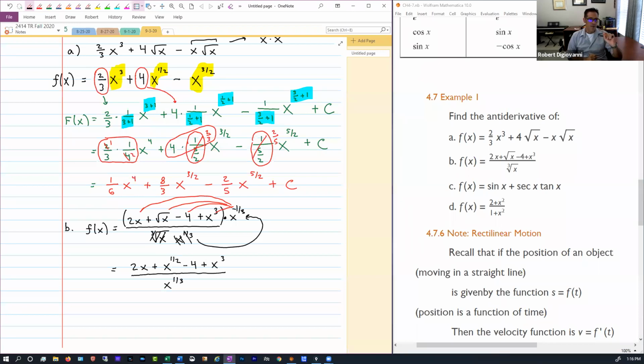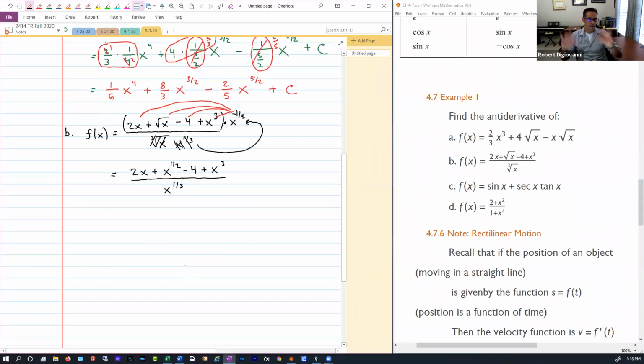Now, Omar had said, let's take the x to the 1/3 and move it to the top. I want to just do it a slightly different way. We get the same answer, but I want to point out something algebraically. When you have a fraction with a single term in the denominator and multiple terms in the numerator, algebraically, you're allowed to split this into 4 different fractions.